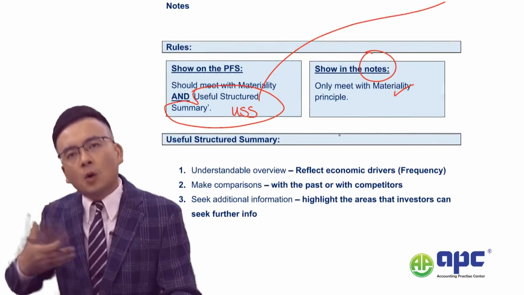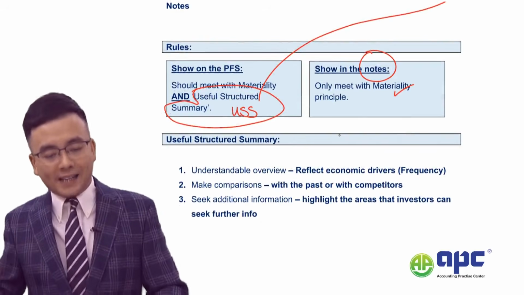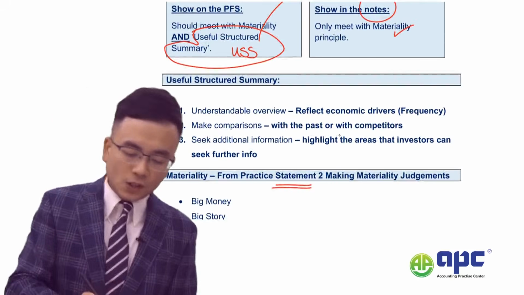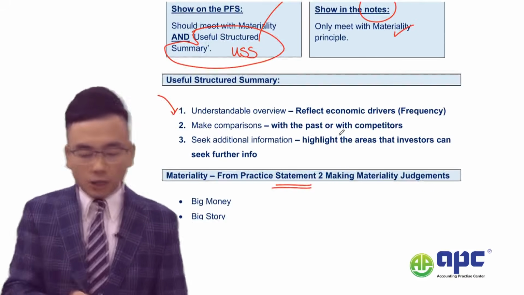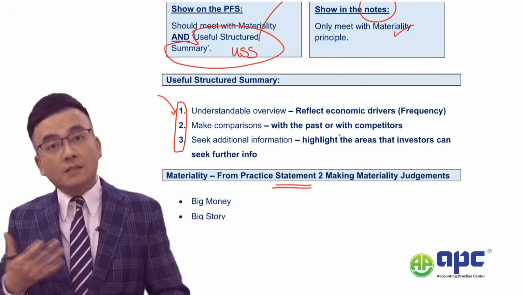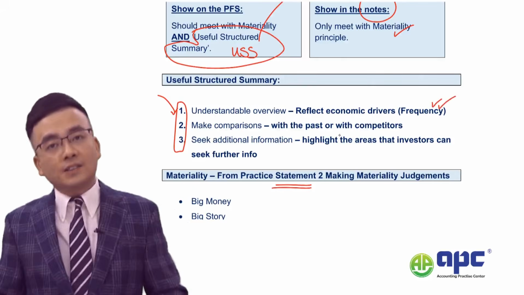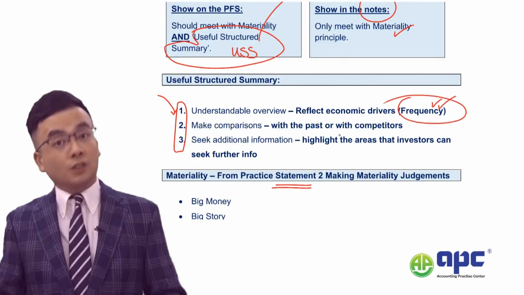Now, in order to meet the USS, you will need to meet these 3 criteria. Firstly, in practice, I will need to assess the frequency of the transaction.